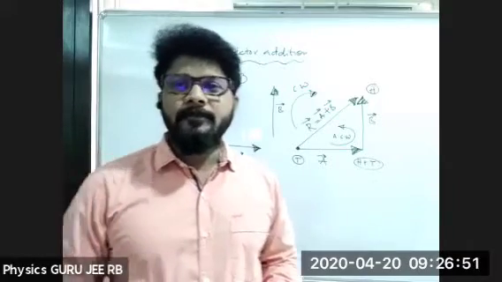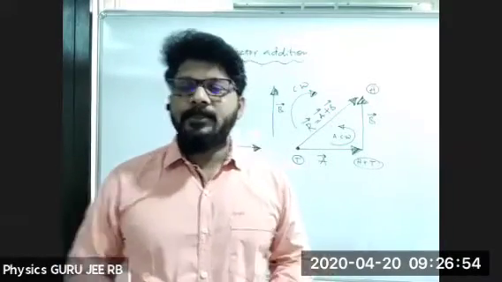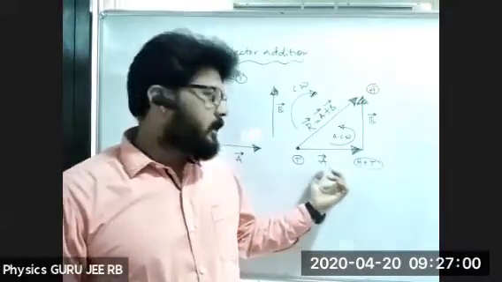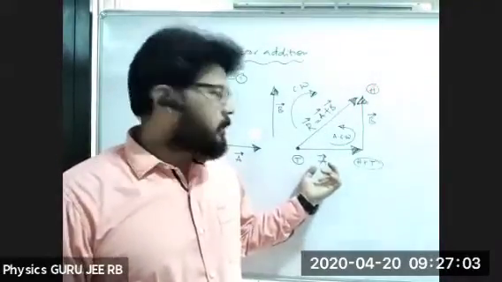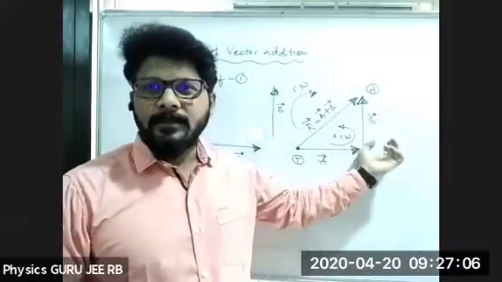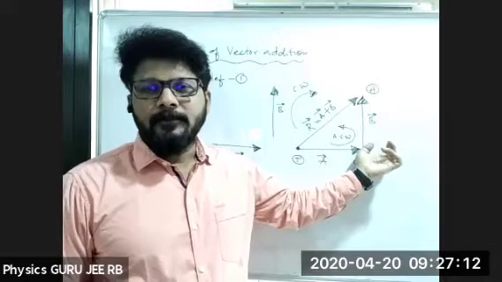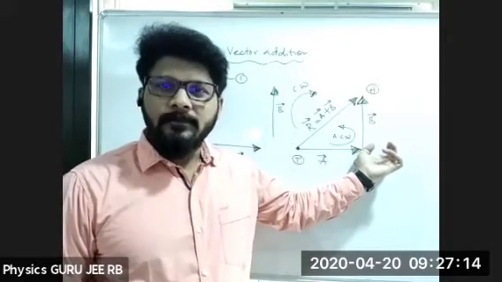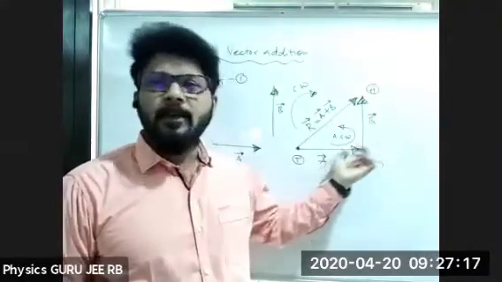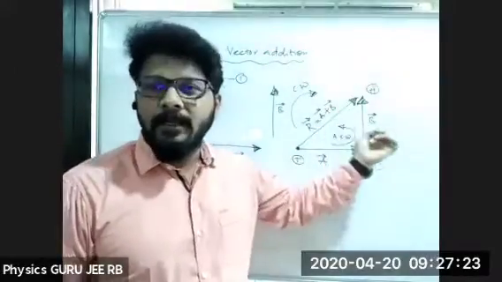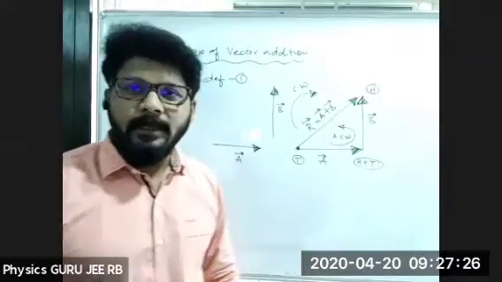Got it, all of you? Got the definition? Once again: two vectors represent two sides of a triangle taken in an order. Then the resultant of these two vectors represents the closing side of a triangle taken in a reverse order.